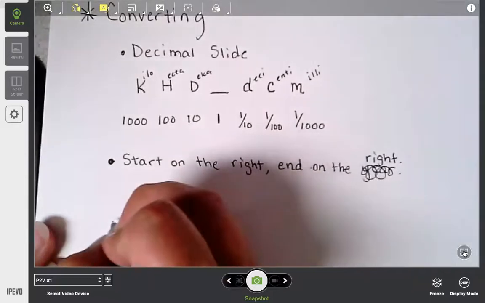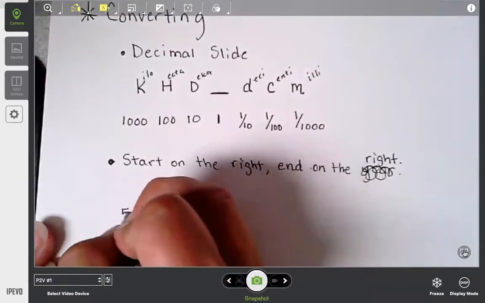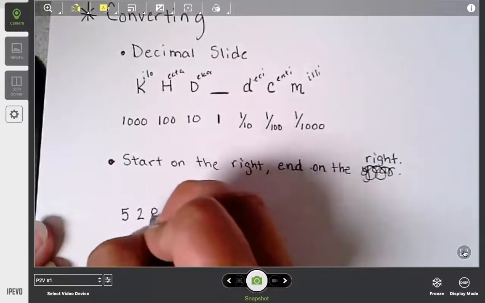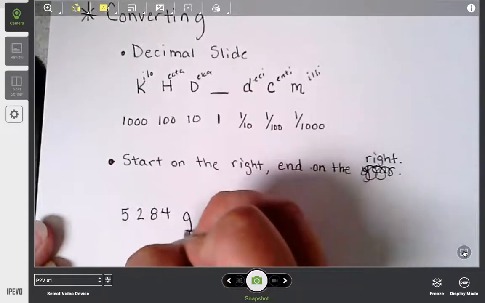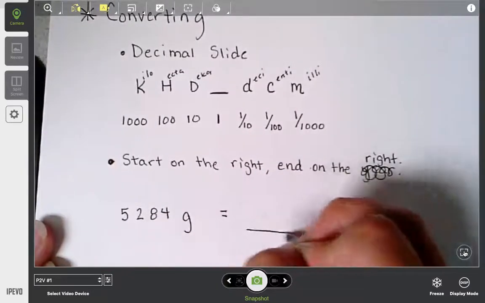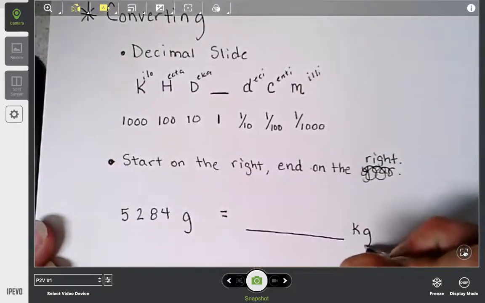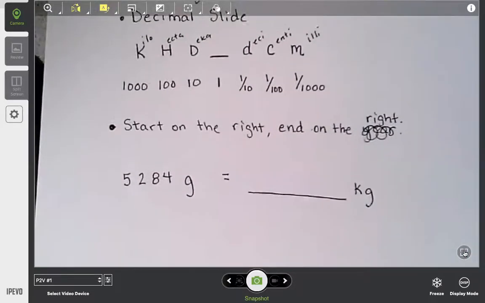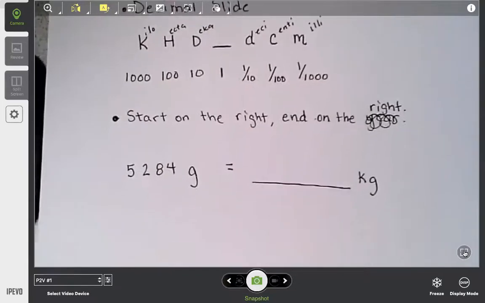All right, let's say I have been given 5,284 grams of something. And I want to know how many kilograms this is. All right, so we're going to use our kangaroos hop down mountains drinking chocolate milk. So I am going to start at where my base unit would be.